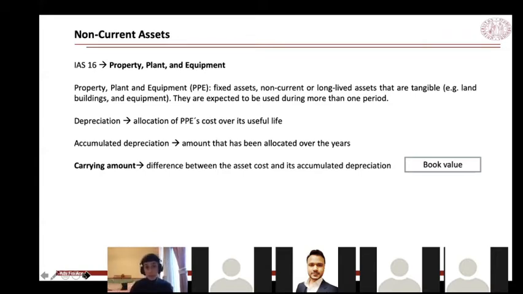So if you have a computer that you bought for 3,000 euros, you're going to use it for 3 years. It means that each year in the income statement, you would have a depreciation expense of 1,000. And after the second year, this accumulated depreciation will go up and the carrying amount will go down.